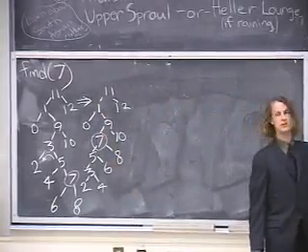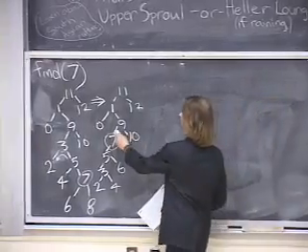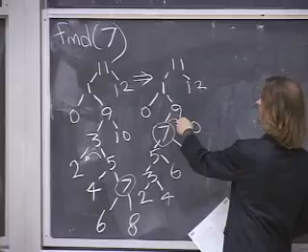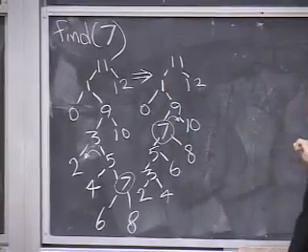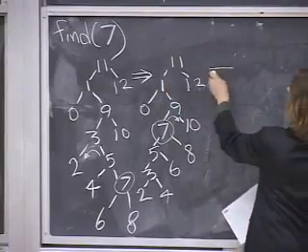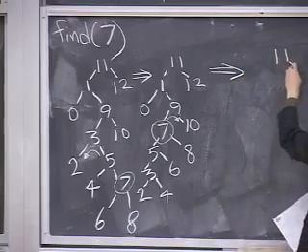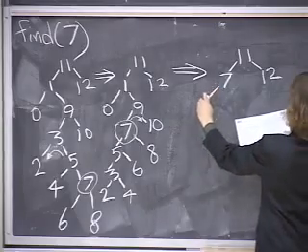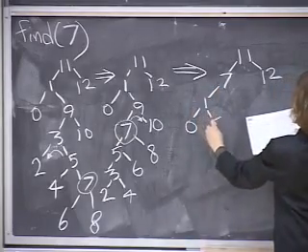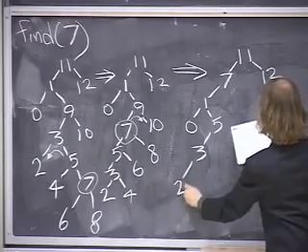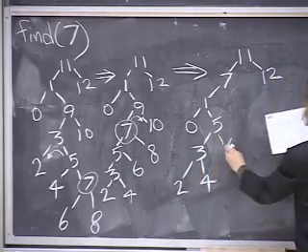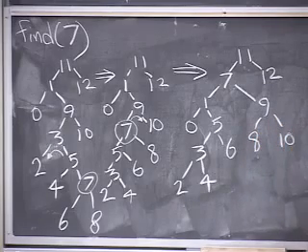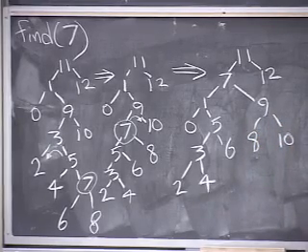And that means now we have to do a zigzag step. And a zigzag step, you do the intuitive thing, which is you just rotate 7 through its parent once, and then you rotate 7 through its new parent again. And that brings us to here. Now 7 is going to make it up to be a child of the 11. And that's our new tree.